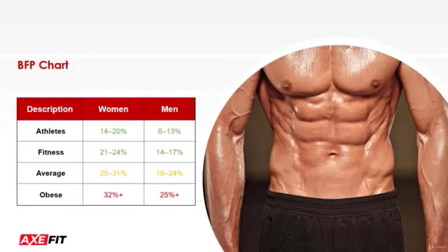If the person is a male, it would imply that they are probably fit. And similarly, if a woman had similar body fat, which is 14%, that would imply that she is most likely very athletic. So to assess your BFP, you need to refer to this chart.